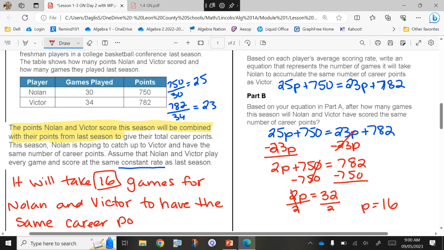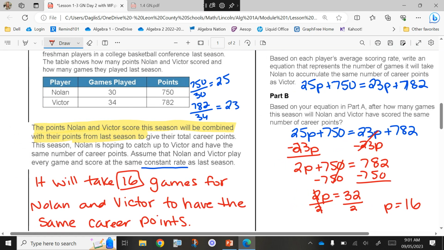Remember, word problems get word answers. It will take 16 games for them to have the same career points. So because Nolan's constant rate was higher, he does slowly match up with Victor's points total.